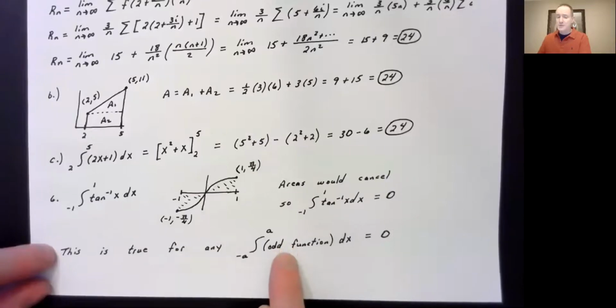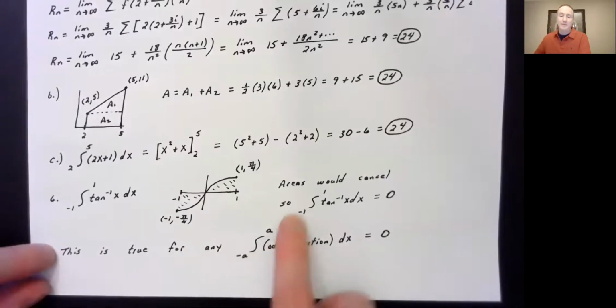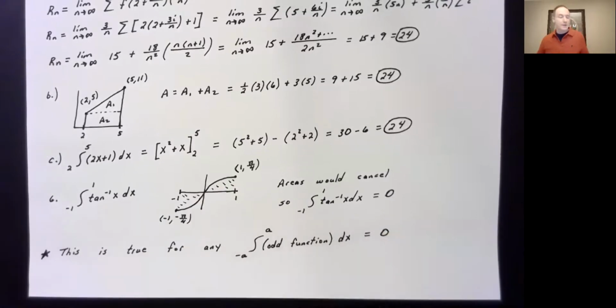Anytime you have a function that's symmetric with respect to the origin, if you try to evaluate it from -a to a, where a is any value, it could be -10 to 10, -20 to 20, -1 to 1, as in this case, -pi to pi. Anytime the beginning and ending are equidistant from the origin, you know your answer is 0 because your areas are going to be equal and opposite, thus cancel out.